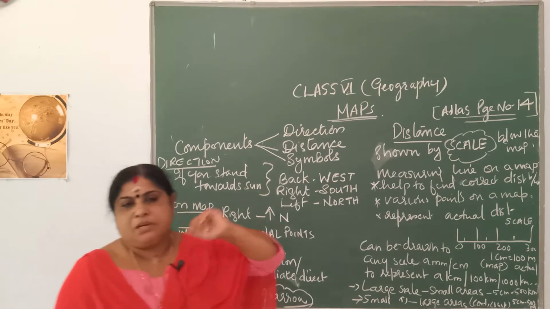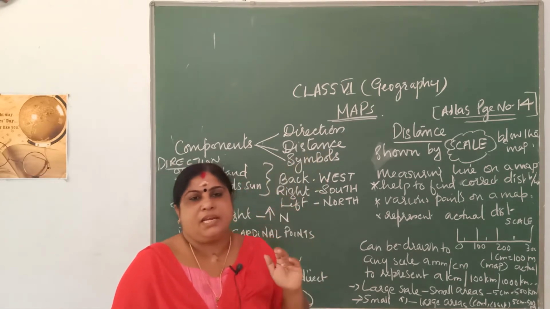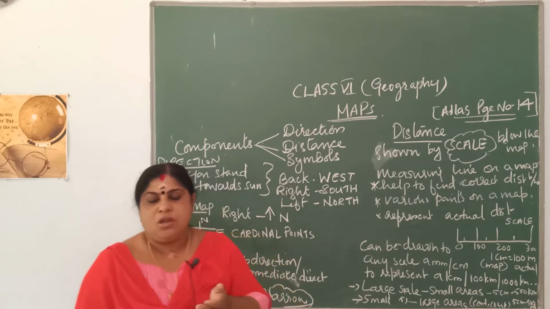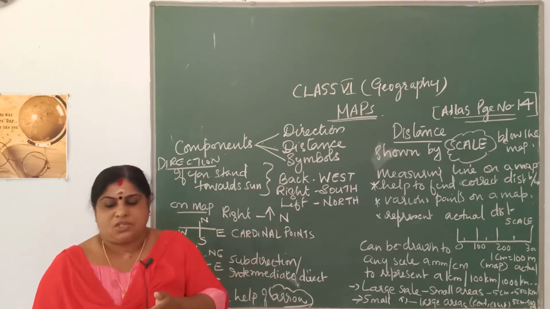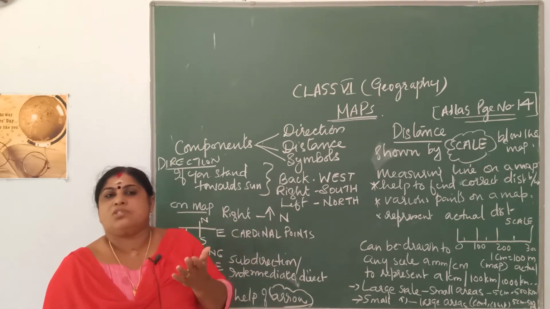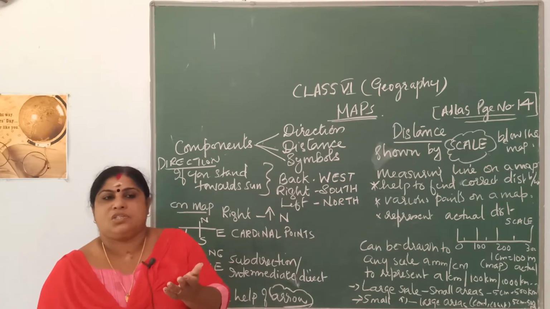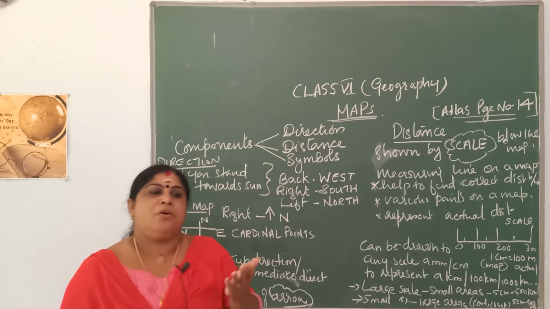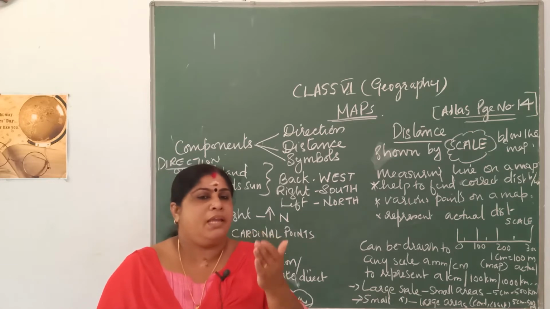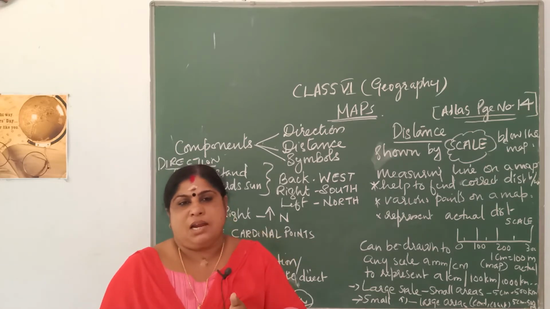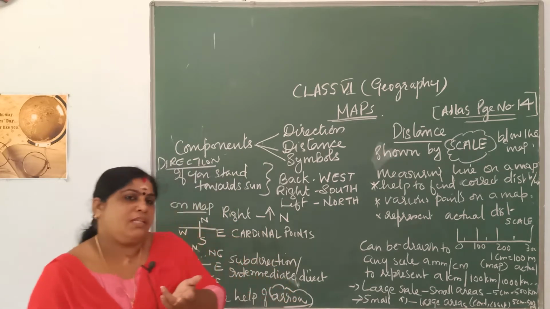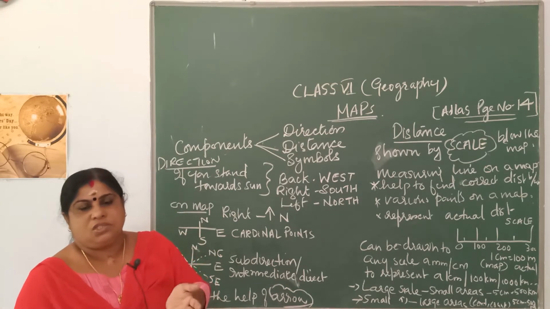If someone is asking you which is your east direction, you can easily point out the place where the sun rises. Where the sun rises, that will be your eastern direction.